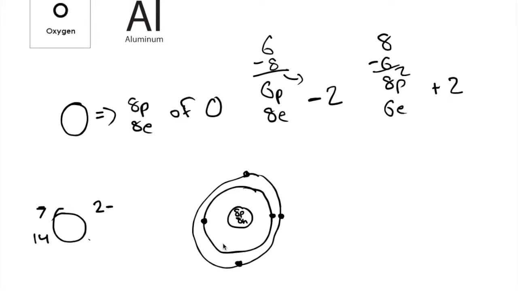To show that this oxygen atom really has a charge, you have to put brackets around this oxygen atom, and you have to write an overall charge on top of it. You have to write 2 minus.